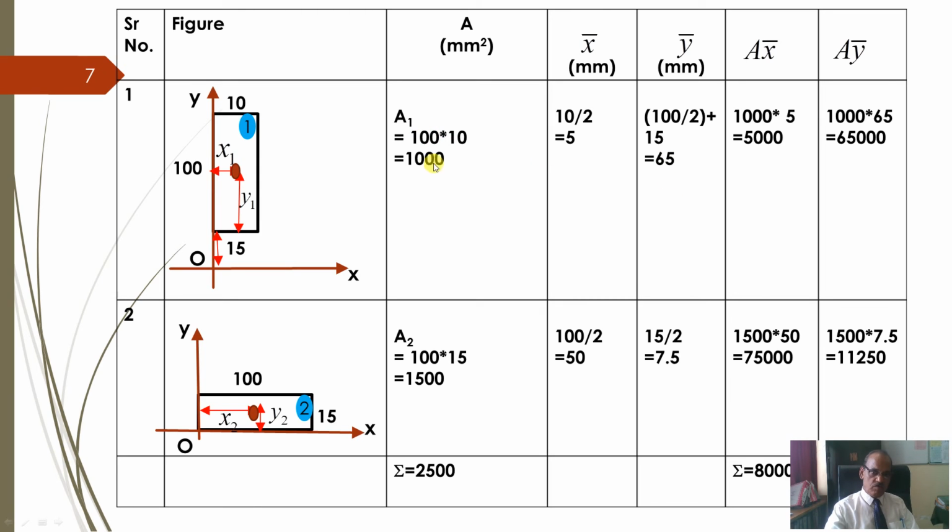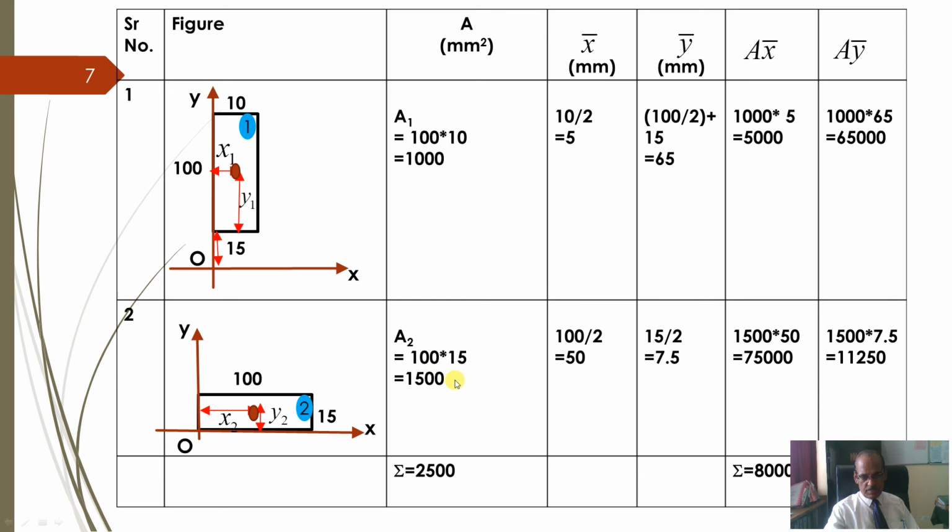Now you can write down A1 X1 here and A1 Y1 here. Is it clear?